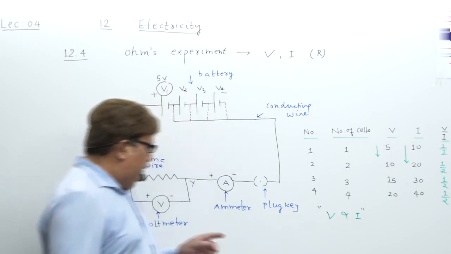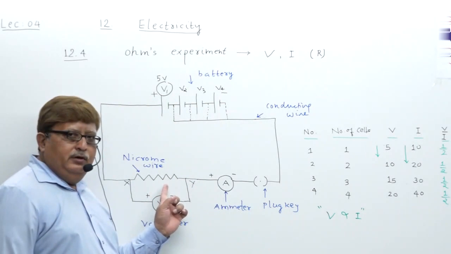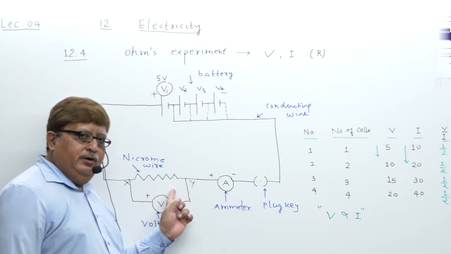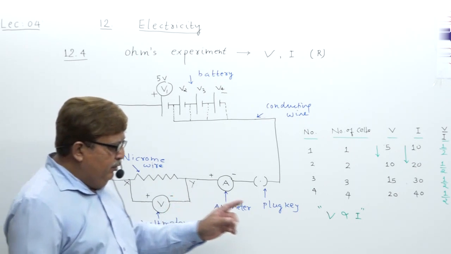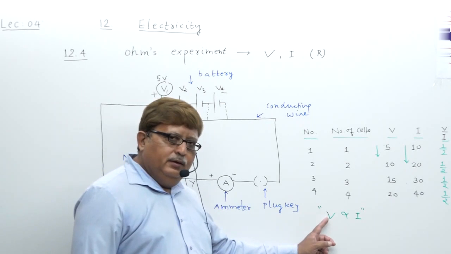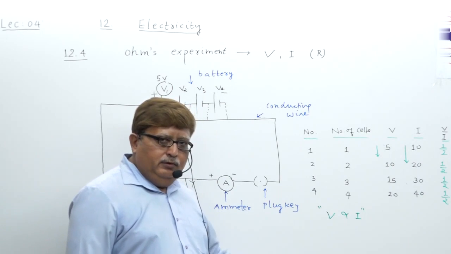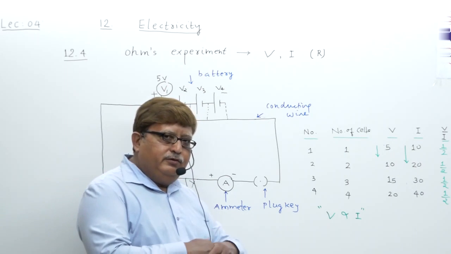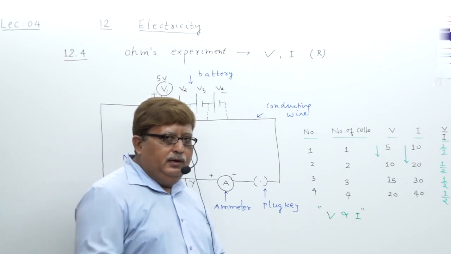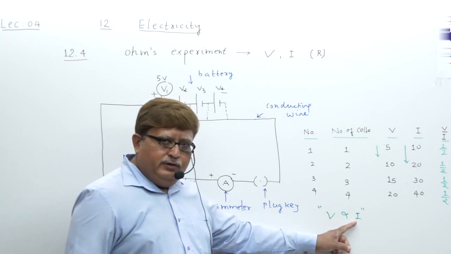I means amount of current passing through the conductor. So if you want to speak this symbolic presentation in words, how will you speak it? You can start from here.